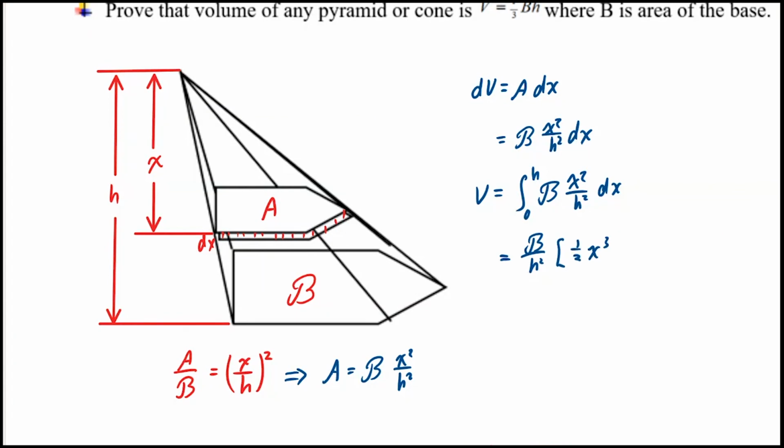So once again, we have this 1/3 from 0 to h. Substitute h, cancel 2 of them, so we still have 1/3 base area times h, as your geometry teacher taught you. Amazing, isn't it? Yeah, I know. I really amaze myself.